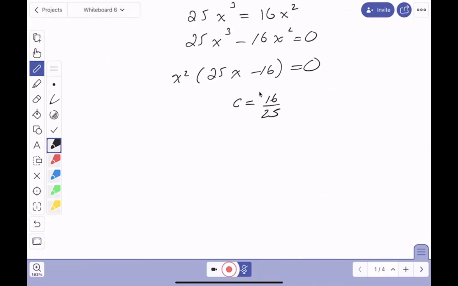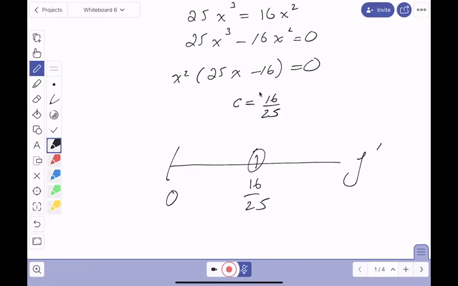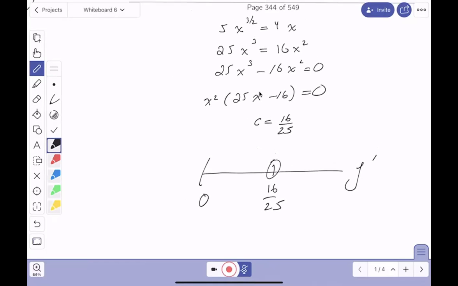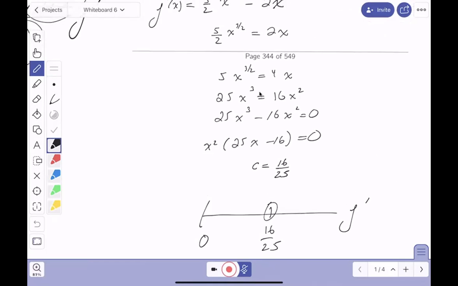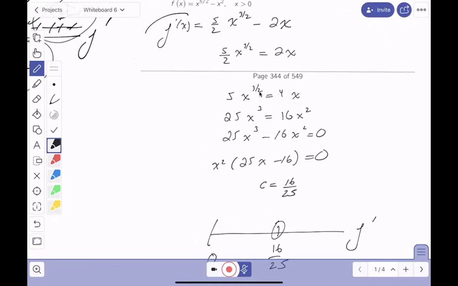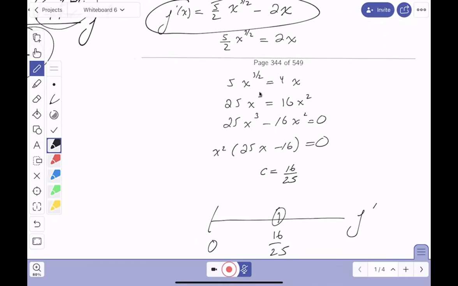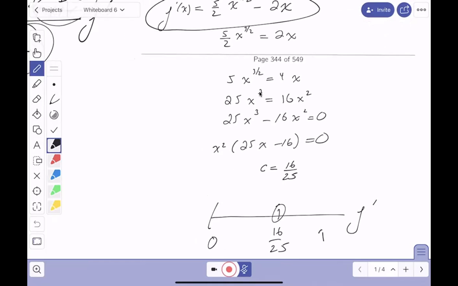Now, what do I got to do? I got to analyze the derivative. There's only one 0. And I'm going above 0. All right. So I want to pick a nice, easy test point. So someone says, what's the derivative? I can't remember. It's right up here. So I'm going to say, what's a nice, easy test point over here?